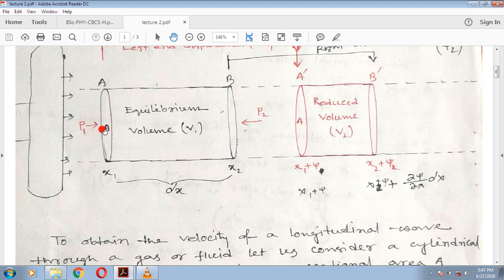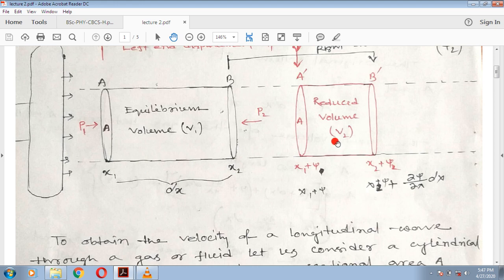Since the force on different points of the medium is different, this point experiences a different force and that point experiences a different force. As a result we observe a gradient of force, and hence we will see a compression here. So firstly, displacement and compression of the segment.